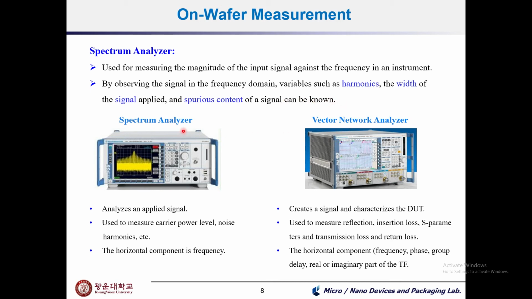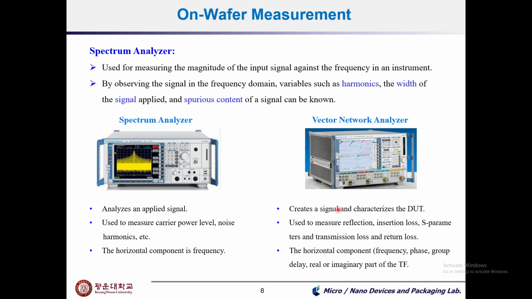So when comparing the basic fundamentals of the spectrum analyzer and the vector network analyzer, the spectrum analyzer analyzes an applied input signal, whereas the vector network analyzer creates its own stimulus, which is used to characterize the DUT. The spectrum analyzer is used to measure the carrier power level, noise, and harmonics.